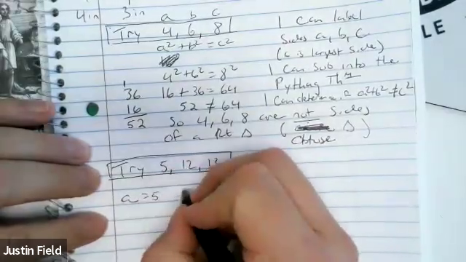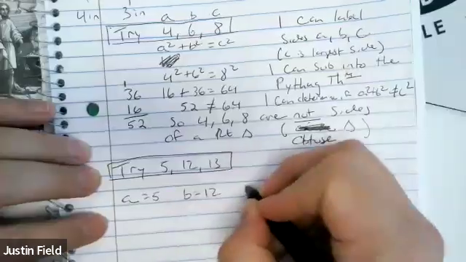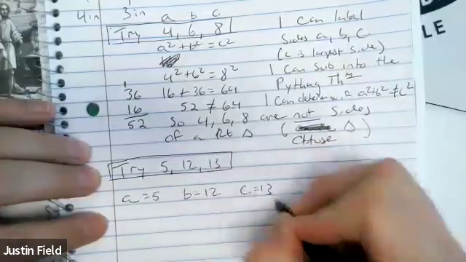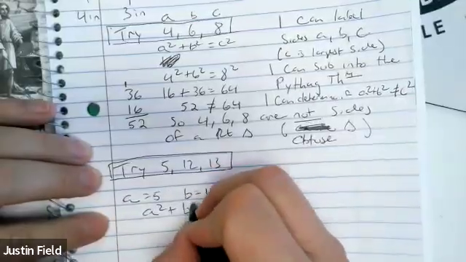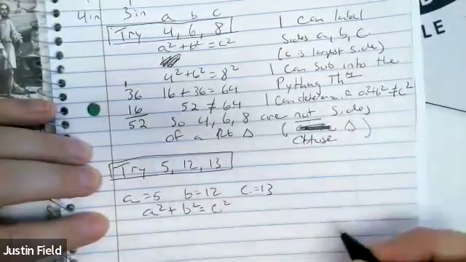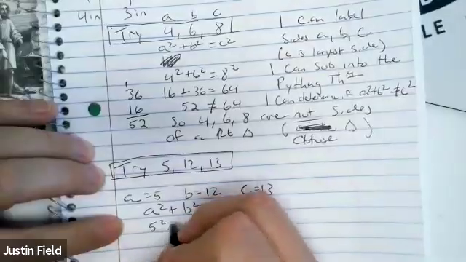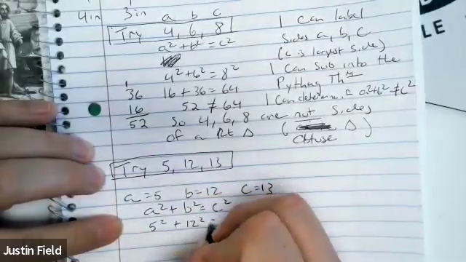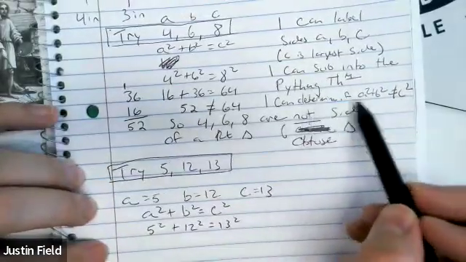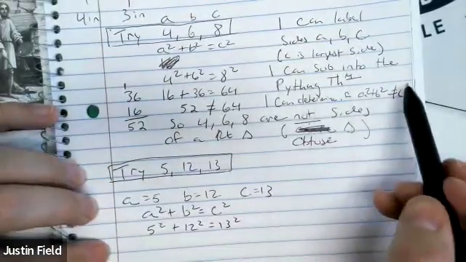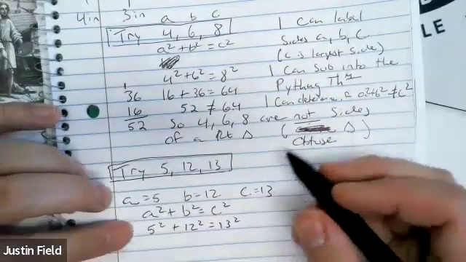A is going to be 5, B is 12, and C is 13. I'm going to write my Pythagorean theorem, which we know by now, and I'm going to substitute in. Can I determine if a squared plus b squared equals c squared, or if it doesn't? Let's see.